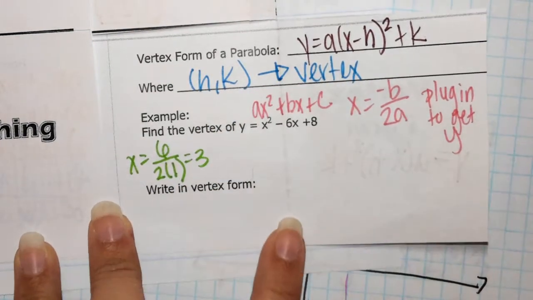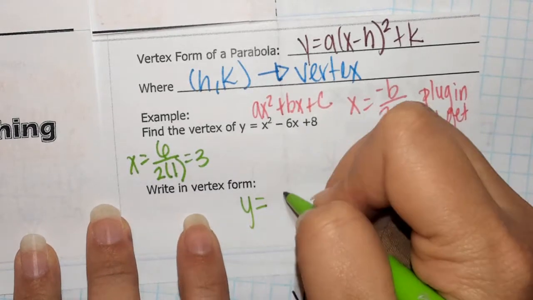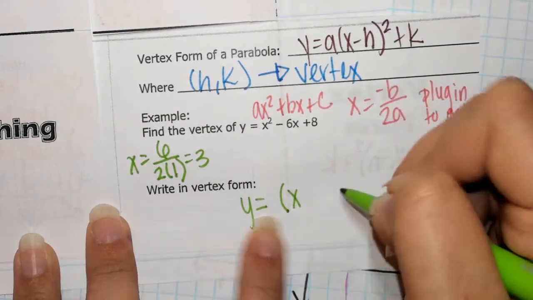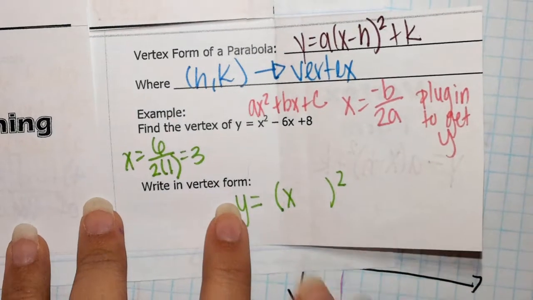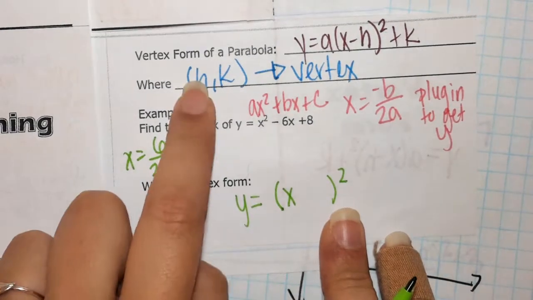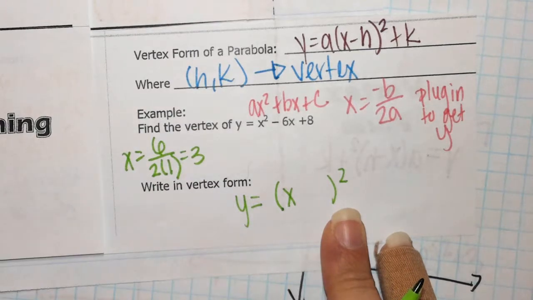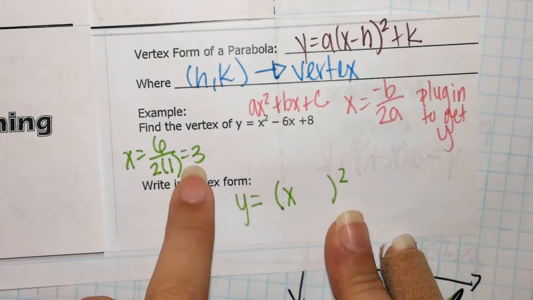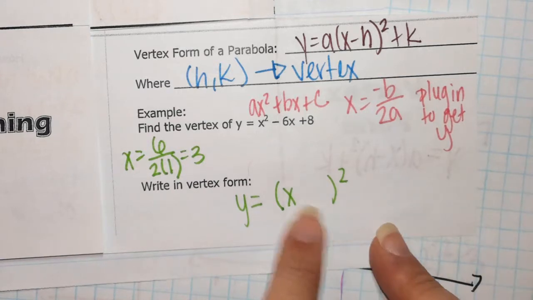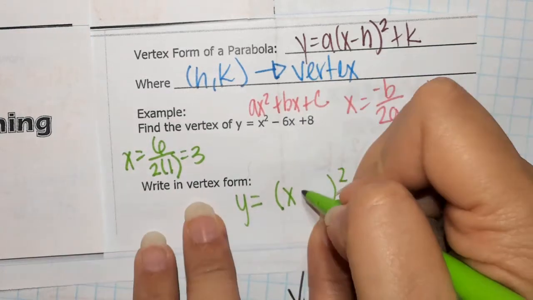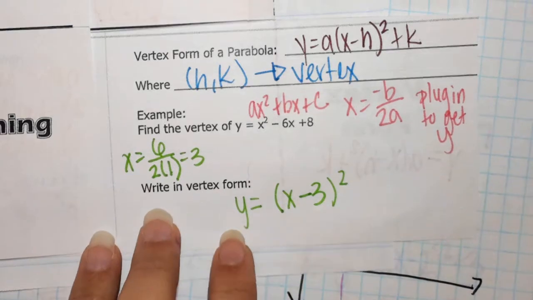Alright, now we have y equals parentheses x parentheses squared something out here. Do you think that this x value is our h or our k? That's our h. Is it positive? And remember, inside the parentheses, it's opposite, right? So what are we going to write in here? -3. Remember, it's opposite.